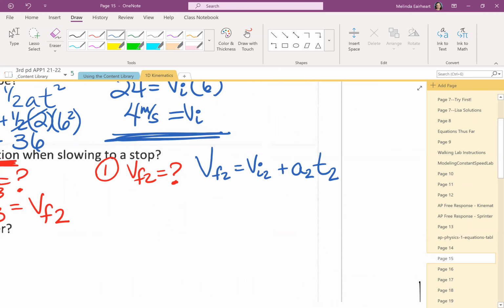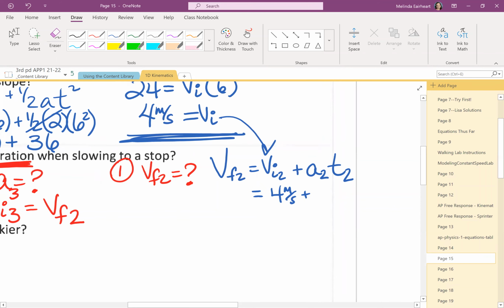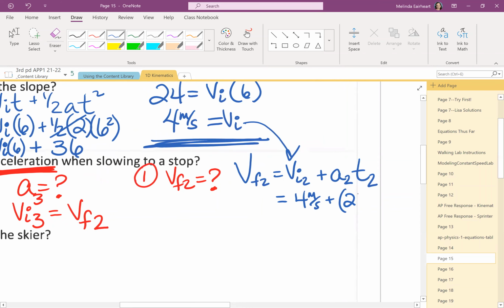The initial velocity of part 2, that's what we found up above, right? 4 meters per second, plus the acceleration of part 2 was given to us, 2 meters per second squared. And then careful, that's a t subscript 2. It's not a t squared. So know when to square time and when not to. The time of the second part was 6 seconds.